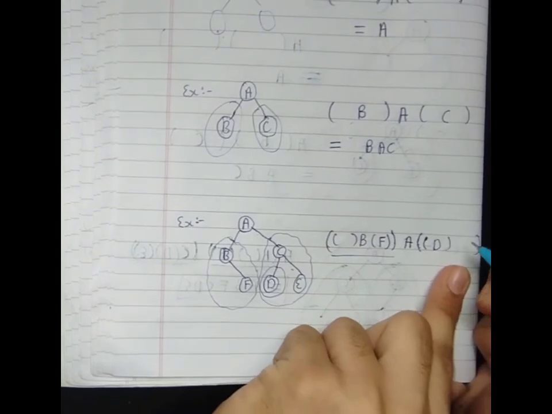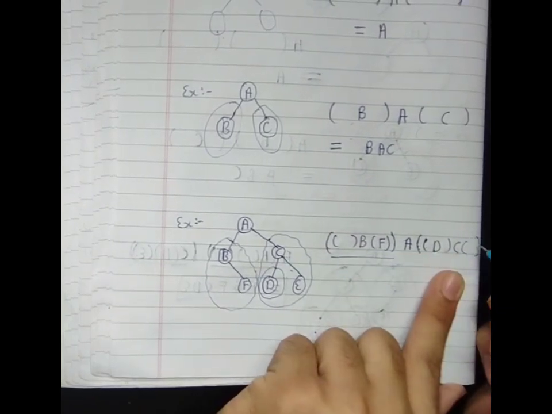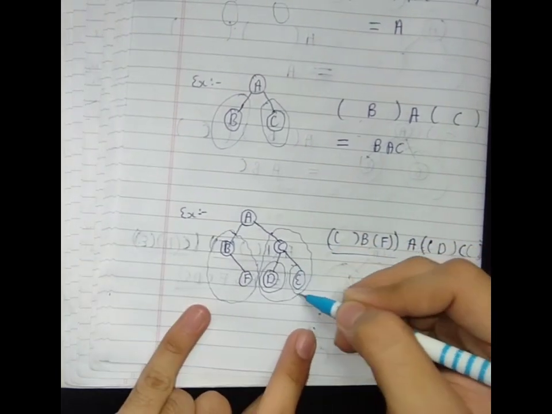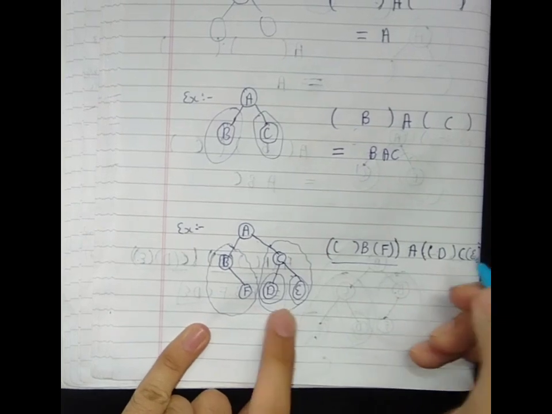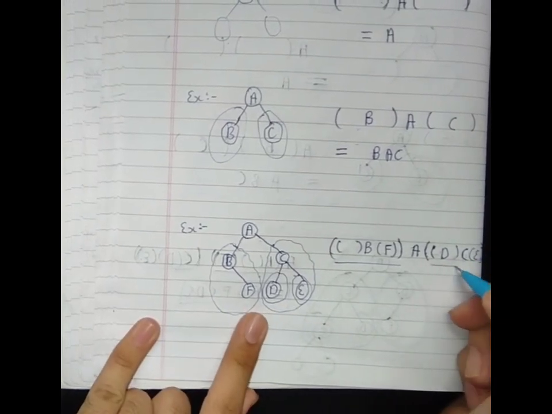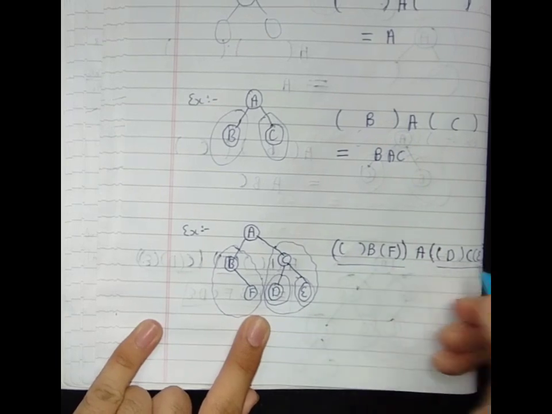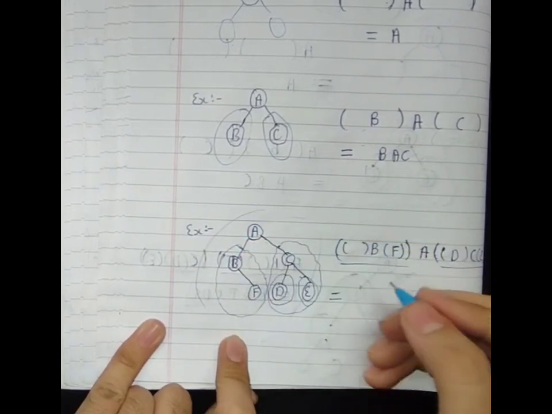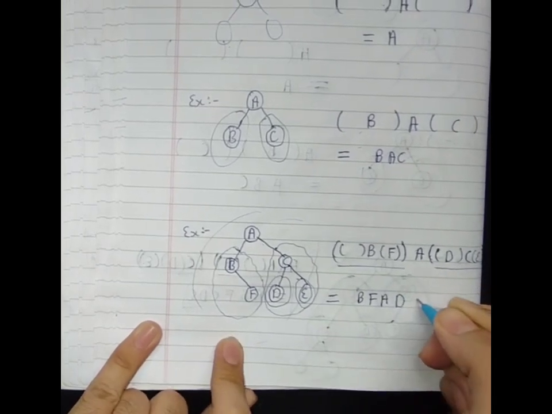Then we will write down the root node, which is C. Then we will write down the in-order traversal of the right branch. Here in the right branch we again have only one node, which is E, so we will write down E. Now we have also found the in-order traversal of the right branch. So the overall in-order traversal of this whole tree will be B, F, A, D, C, E.